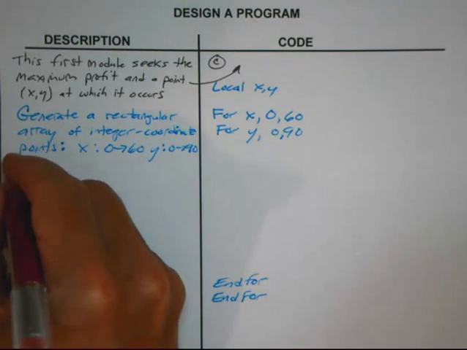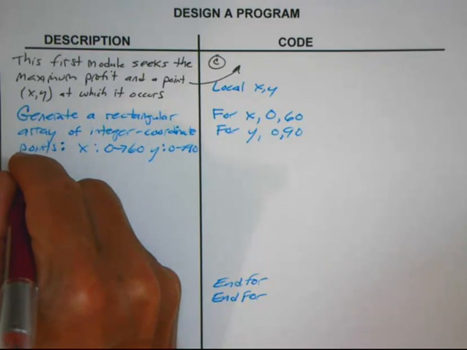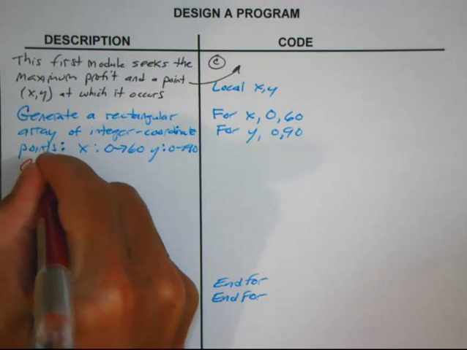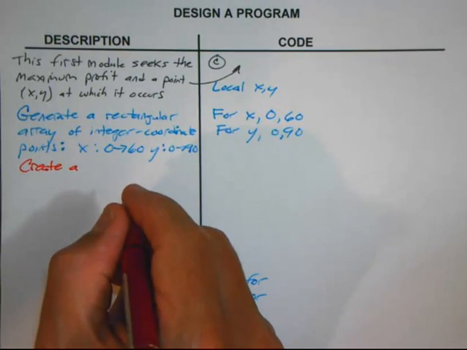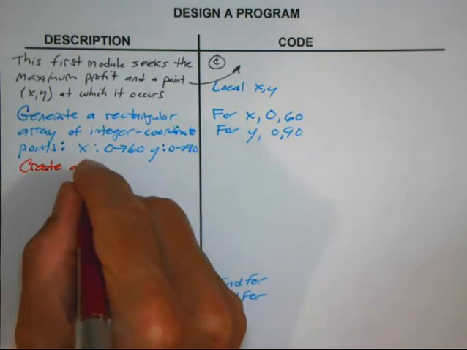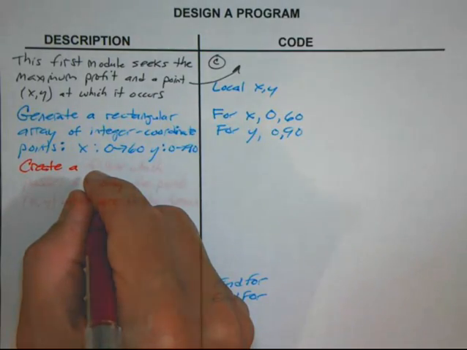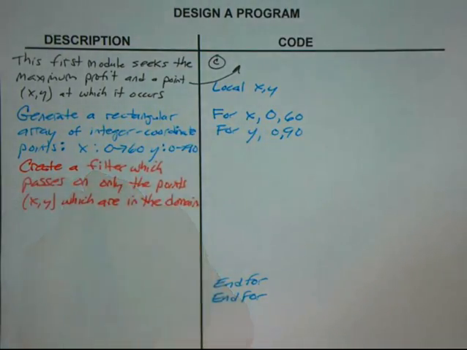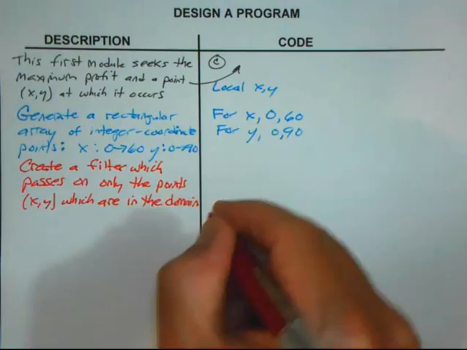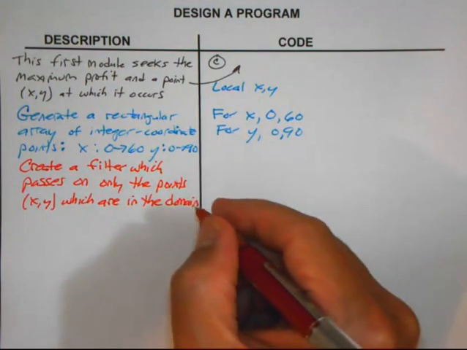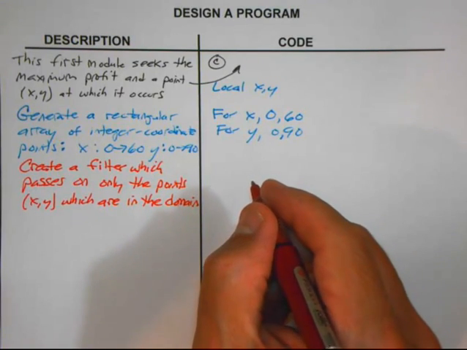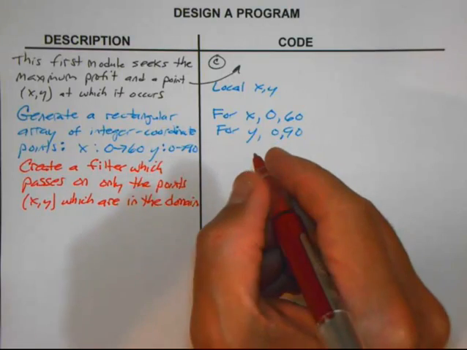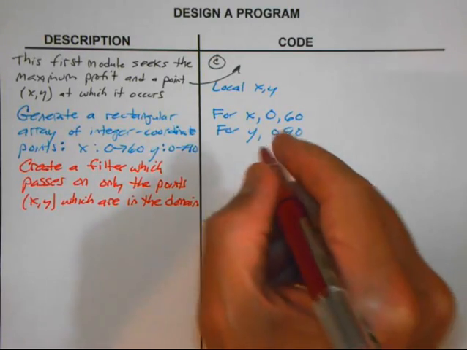Okay, so our next item, we're going to create a filter which passes on only those points which are in the domain. How can we create a filter which just passes through the points that are in the domain? Alright, we can use a conditional statement. An if-then statement would work well here.